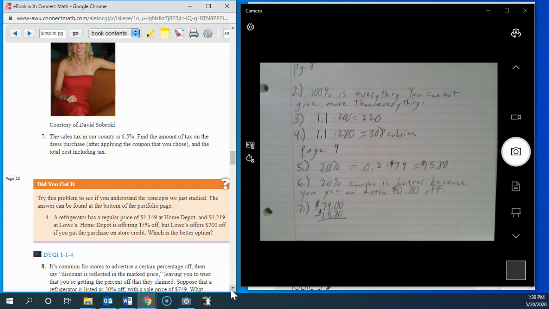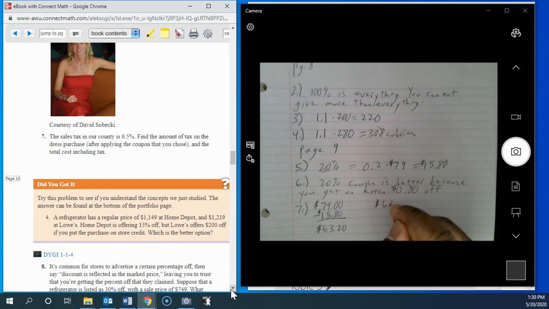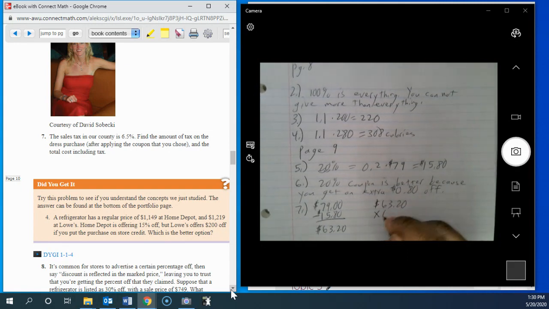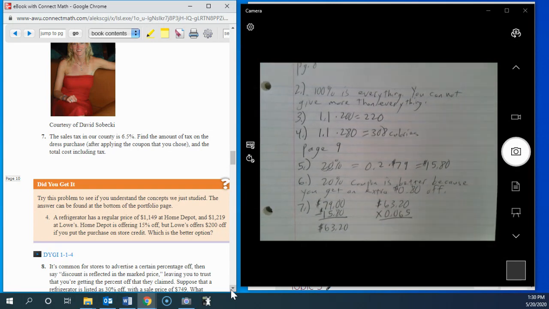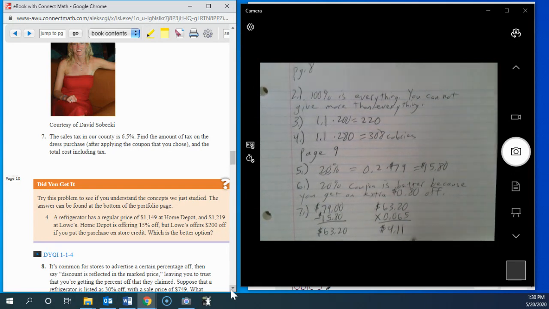And when we subtract this, that will leave us $63.20. Okay, now there's a 6.5% sales tax. So we would take that $63.20 and multiply it by the 6.5%. So when we multiply this out, this will give us $4.11 for the sales tax.